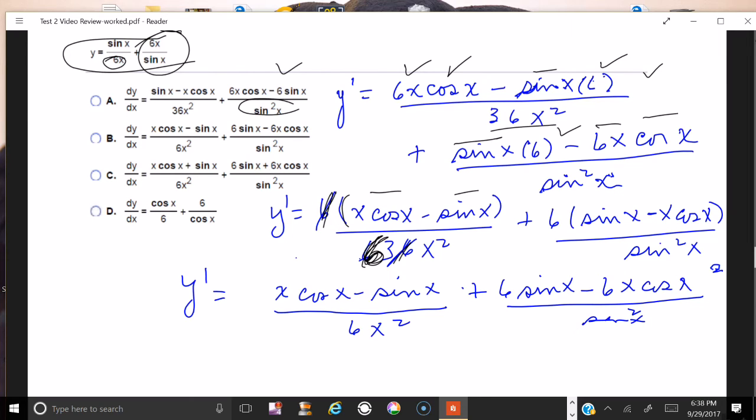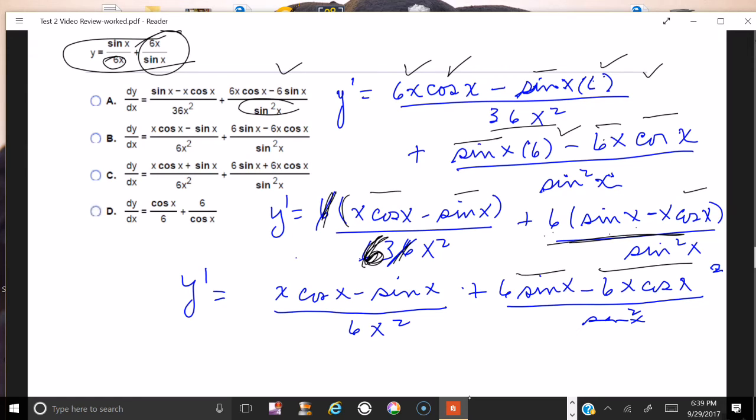And then the second term, I'm going to take a 6 out and have 6 times sine of x minus x times cosine of x, all divided by sine squared. Notice that the guys who worked this out decided not to take the 6 out, so they put 6 times sine of x minus 6x times cosine of x divided by sine squared.